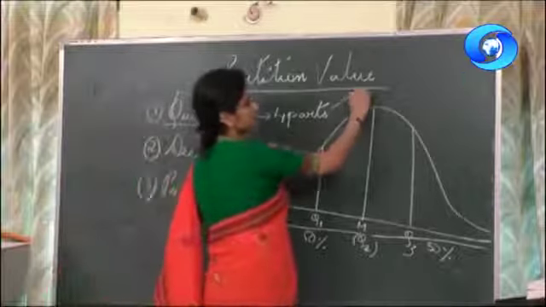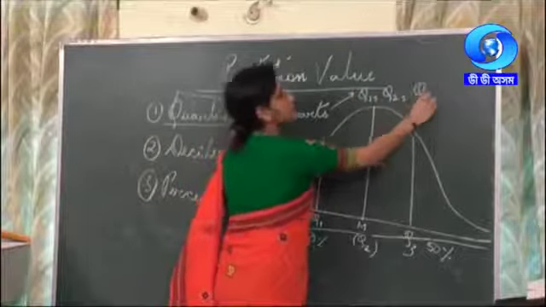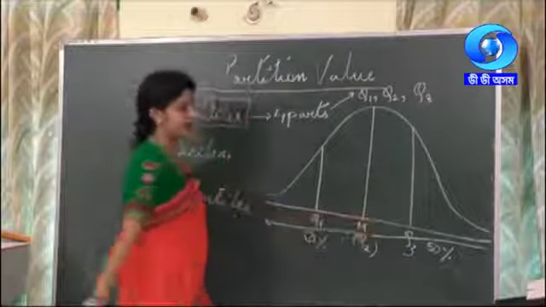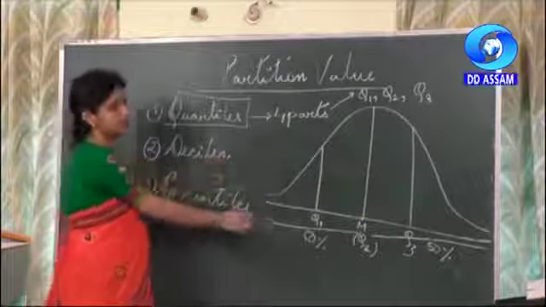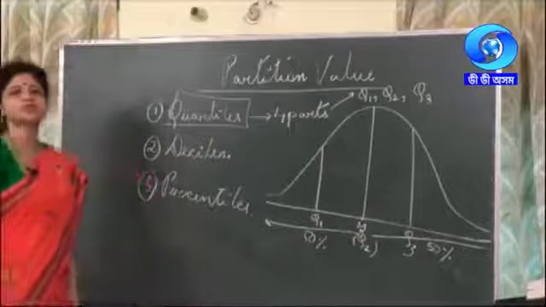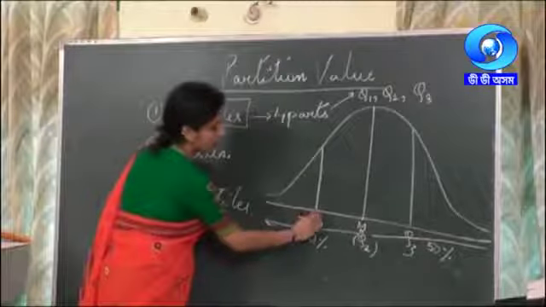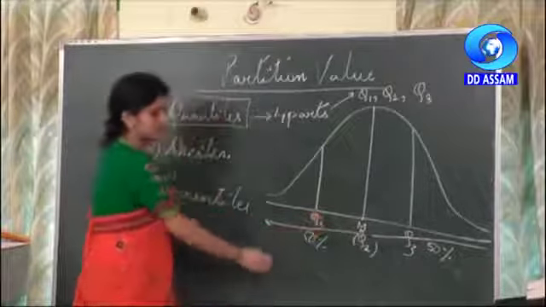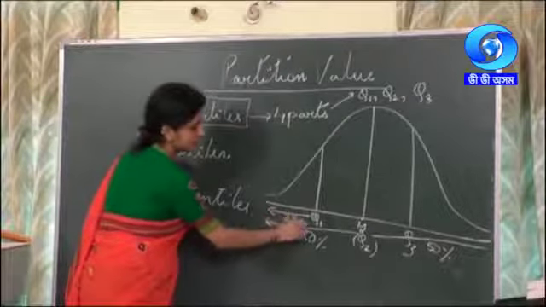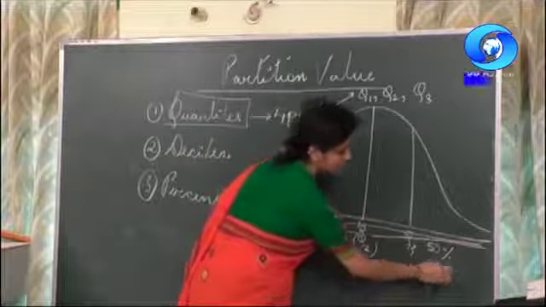There are 3 quartiles: Q1, Q2 and Q3. The second quartile coincides with median, that is, median is equal to Q2. All right, so below Q1 what is the percentage of observations? It will be 25%, above Q1 it will be 75%.